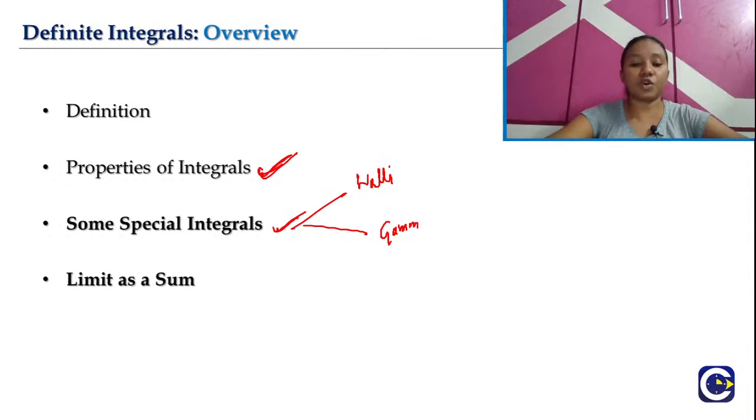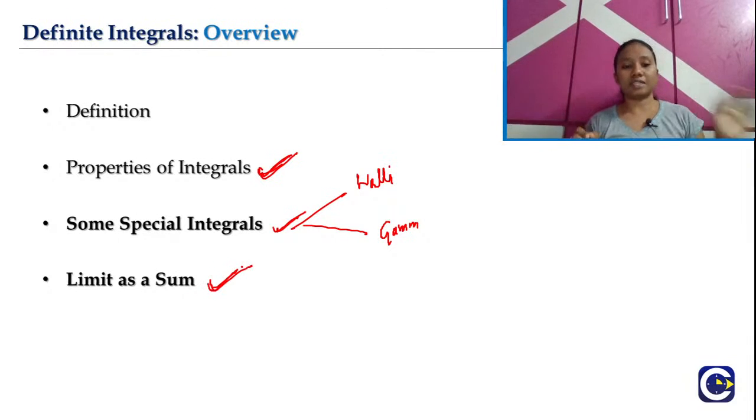After learning these special integrals, which are nothing but the Wallis formula as well as the gamma formula, next we are going to do the topic that is limit as a sum. This will be our last and final concept in this chapter of definite integrals. So what is actually this limit as a sum? We are going to convert these limits into definite integrals.